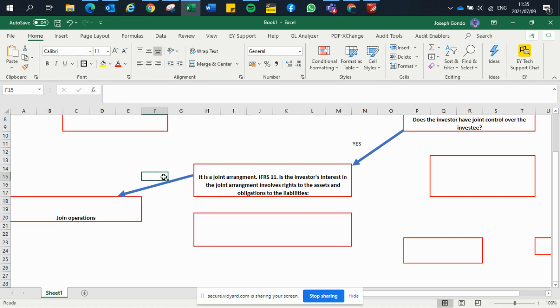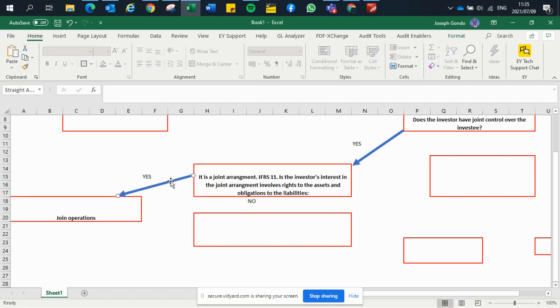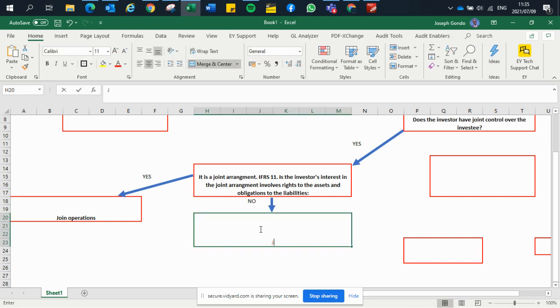If the answer is no, then we have a joint venture. This involves an interest in the net assets of the separate vehicle.